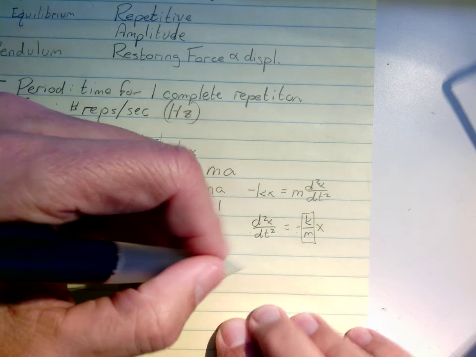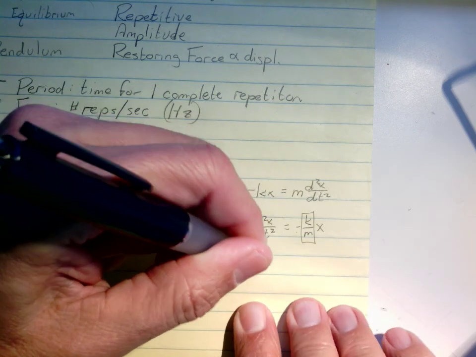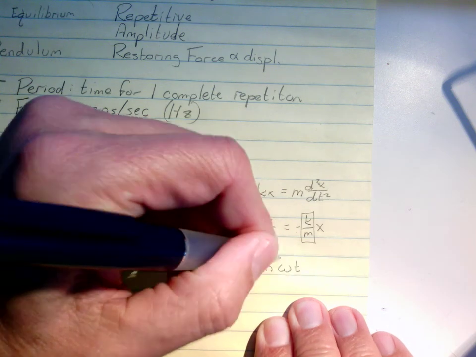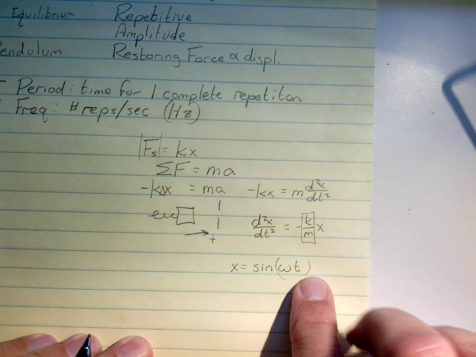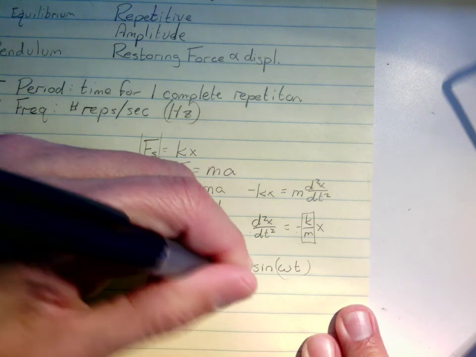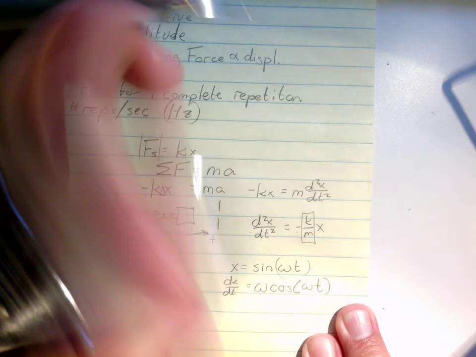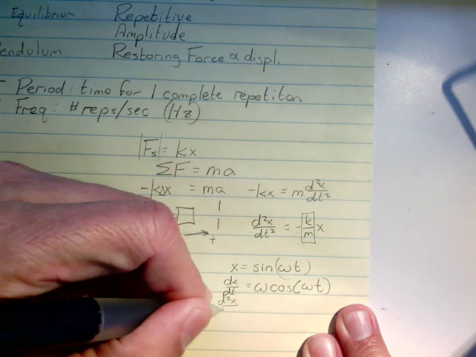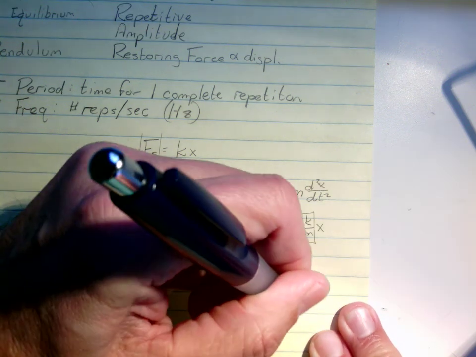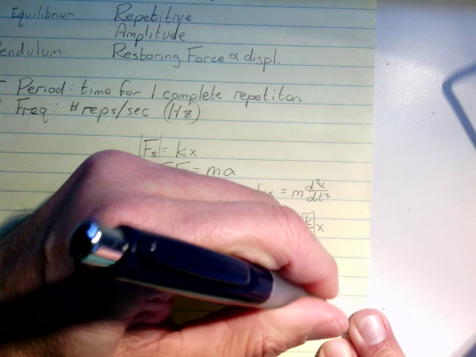So let's do this. We're going to call this x equals sine of omega t. When x equals sine omega t, dx dt is omega cosine of omega t, and d squared x dt squared is negative omega squared sine of omega t.